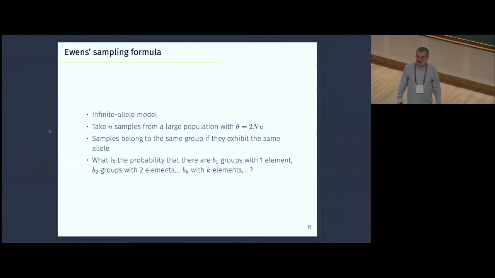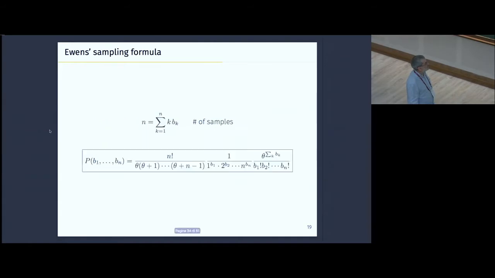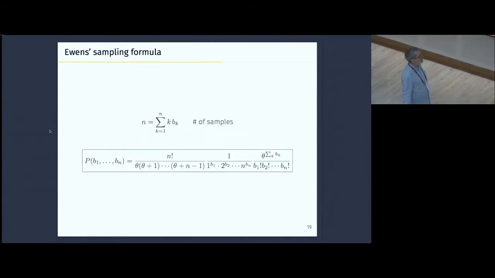And if you see that the frequency has a different distribution, then you can infer that there is something else going on, probably some selection pressure. So this is what you get, a beautiful formula by Ewens that I'm trying to justify, not really derive.